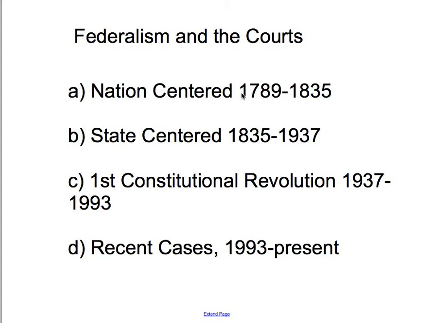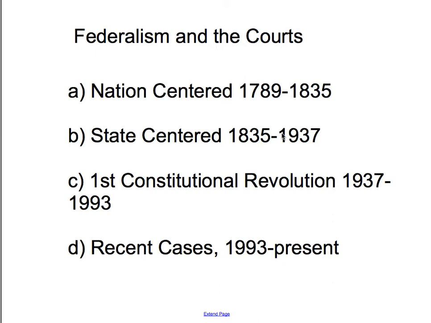The first wave of things, the courts have really been nation-centered, meaning they focused on a strong central government and supported an expansion of Congress's powers. And we see a shift under Chief Justice Roger Taney from the Dred Scott decision all the way up to the New Deal, where the states start to have a little more power than the federal government does.